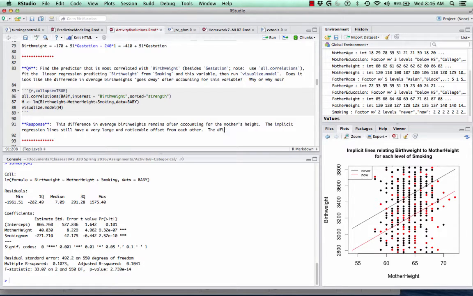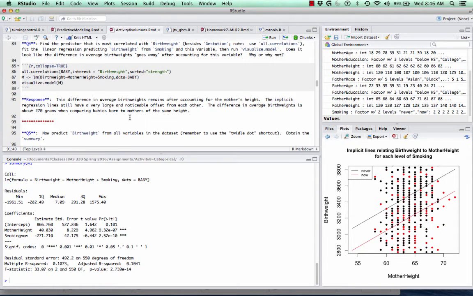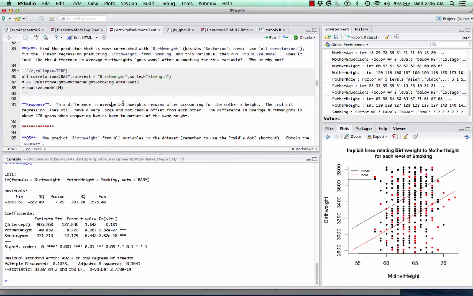So the difference in average birth weights is about 270 grams when comparing babies born to mothers of the same height. So differences in mother's height isn't enough to explain away the differences in the baby's birth weights. We still have this effect left over that looks like it is due to smoking here, statistically significant.